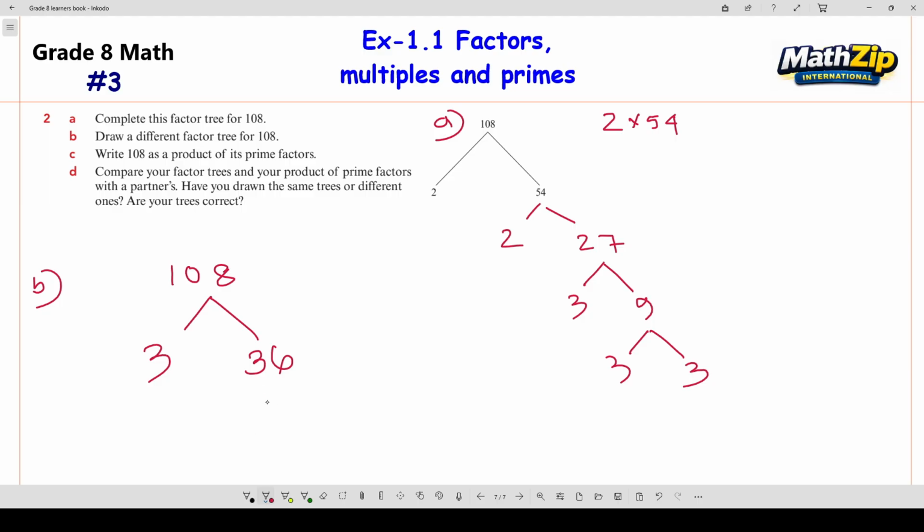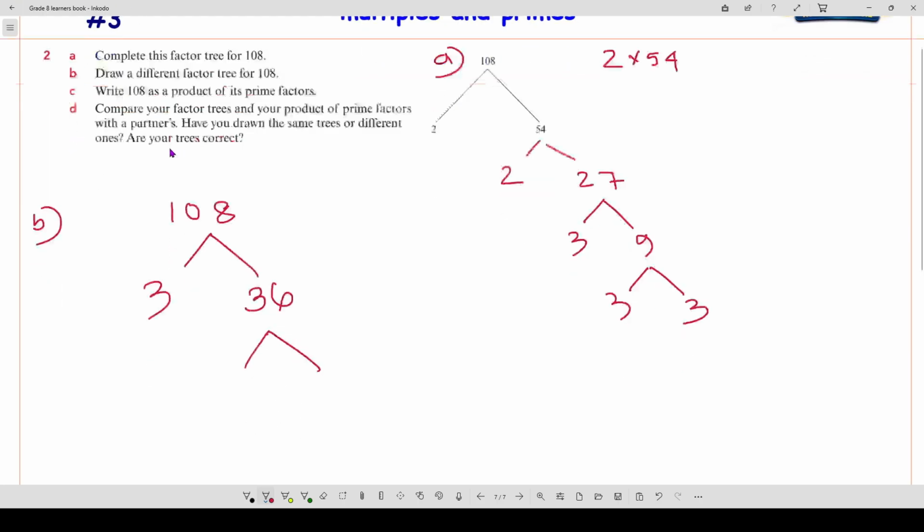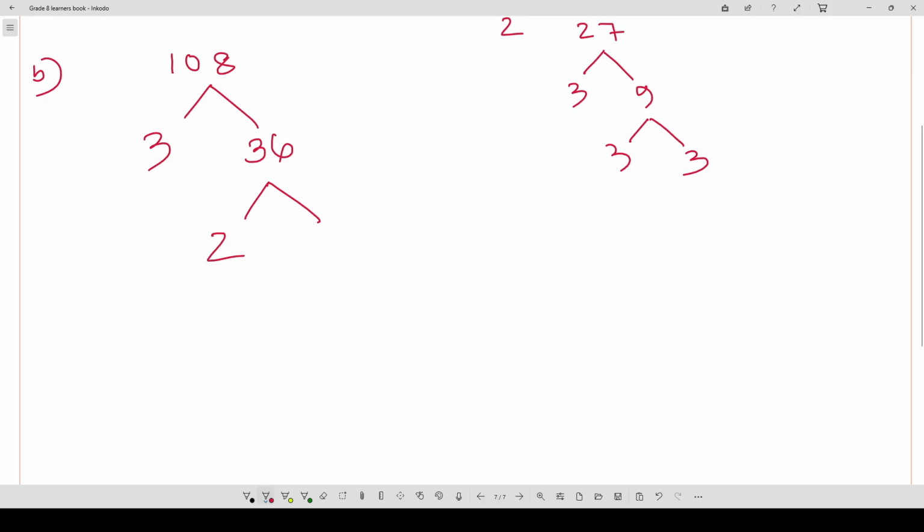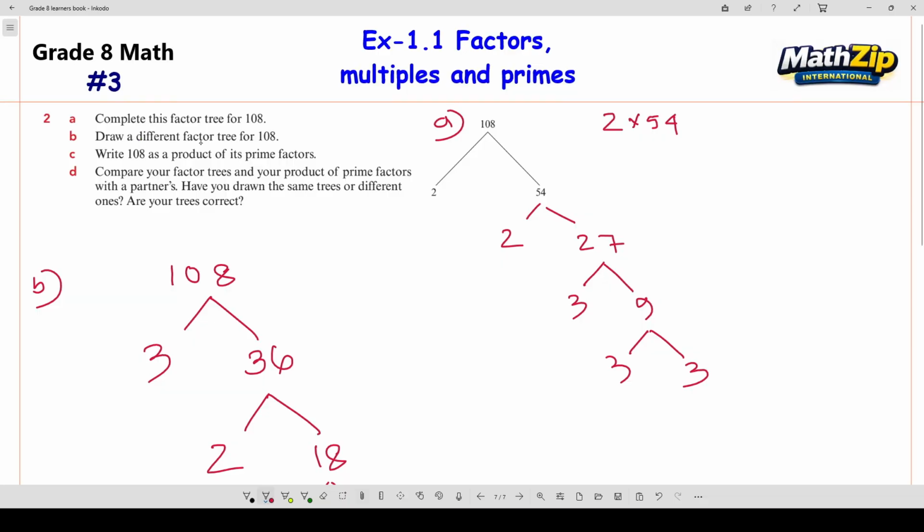Then this 36 we can write as 2 times 18. This 18 we can write as 2 times 9. This 9 we can write as 3 times 3. Okay, so this one is number B.